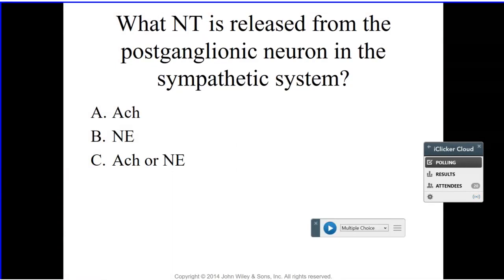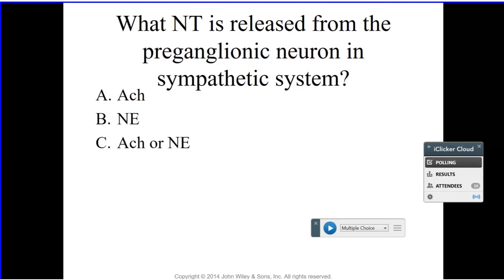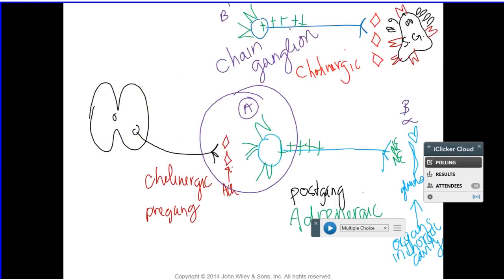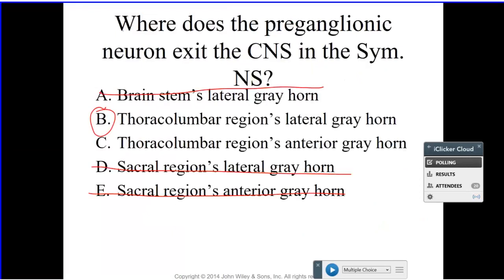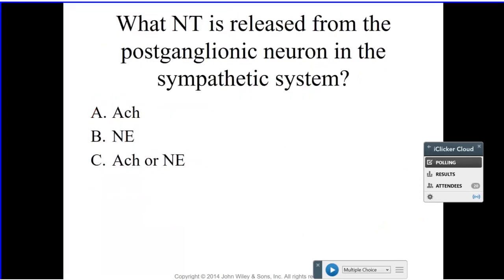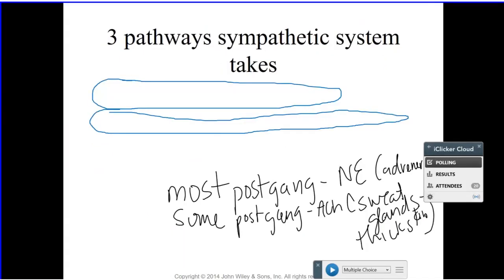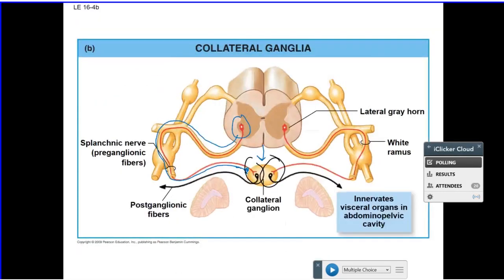Okay, overall, great. If we go back to this picture, this is a bad drawing of the sympathetic system, but this pathway releases what? What are these little diamonds I drew? And then this pathway is releasing. Okay, so the answer would be C, both ACH, NE. Hold on, we got some more. Let me get to them.